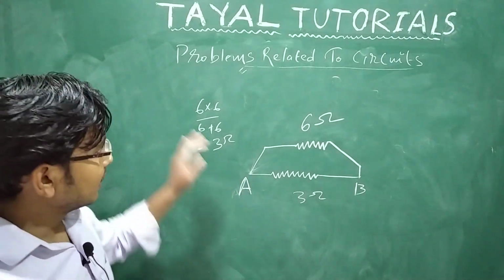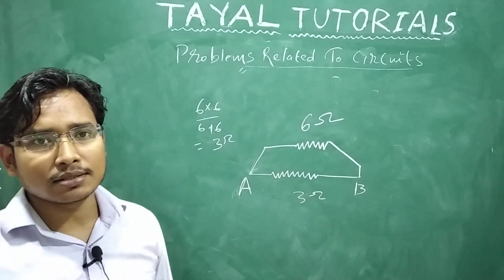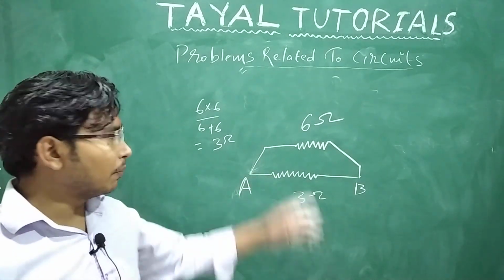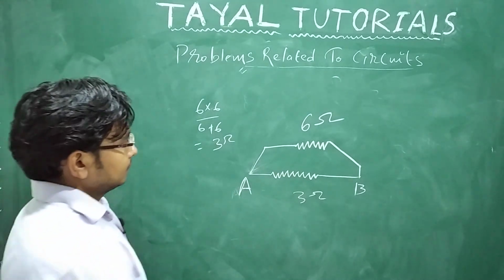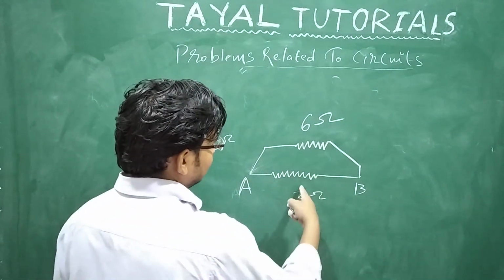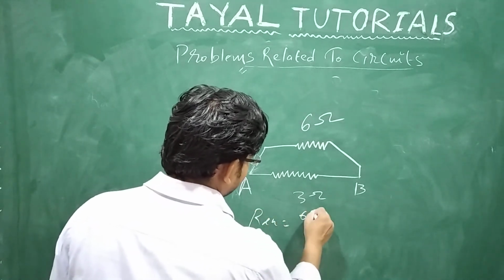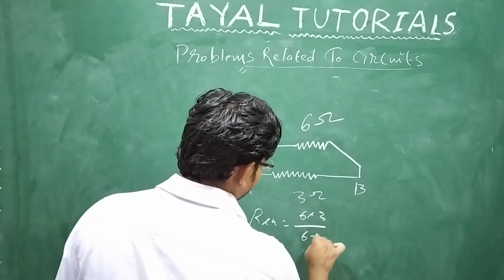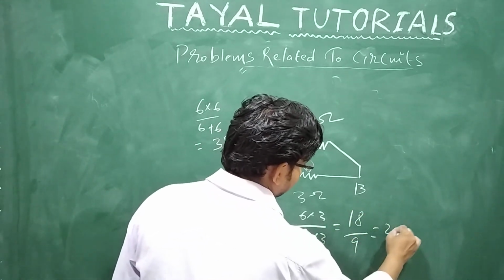The entire circuit is just represented with two parallel resistances. See how complicated the circuit was and how simple the result is. The equivalent of these two: R equivalent will be 6 into 3 divided by 6 plus 3, that results in 18 upon 9, that is 2 ohm.